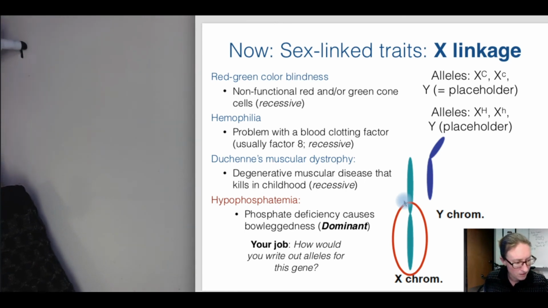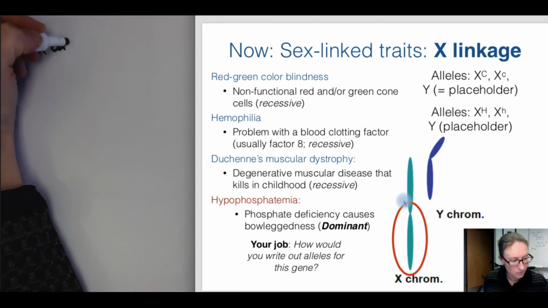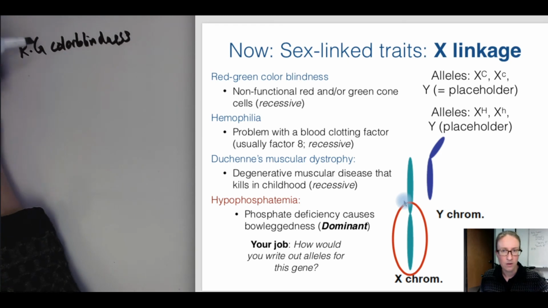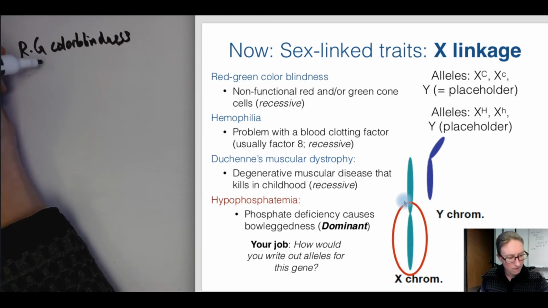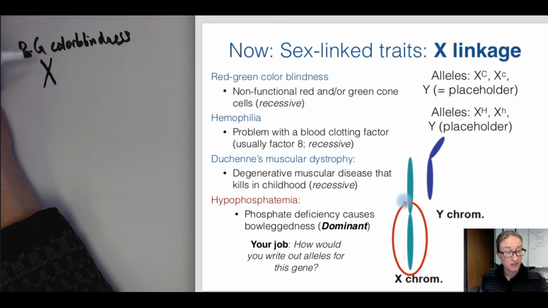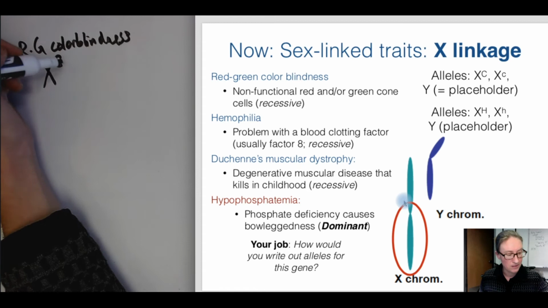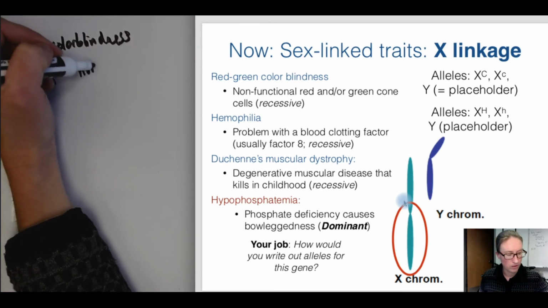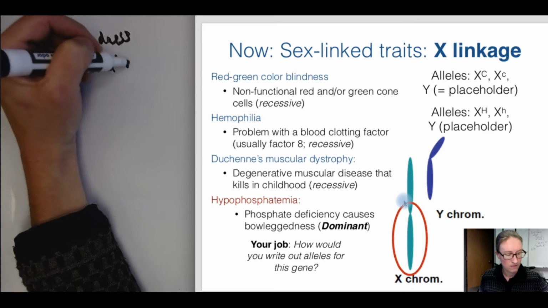And just to give you some ideas about how you would write out alleles for these, for red-green color blindness, there are 2 possible alleles that can happen on the X chromosome. X big C would be, quote unquote, normal vision.